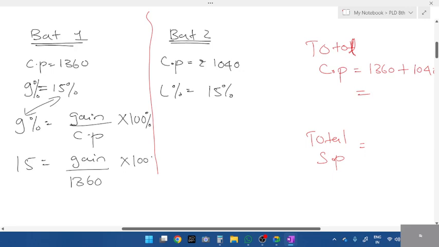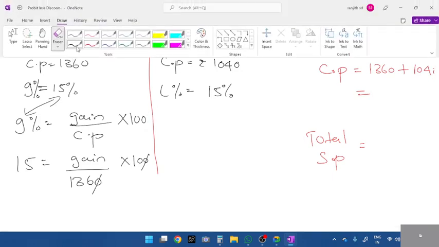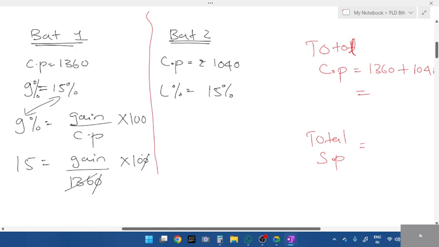Okay, 100% or just keep it as 100. Next, 0 and 0 get cancelled. Next, into 100. 2 5s are... next... 8. What are the values left?